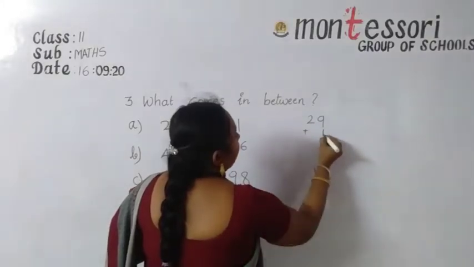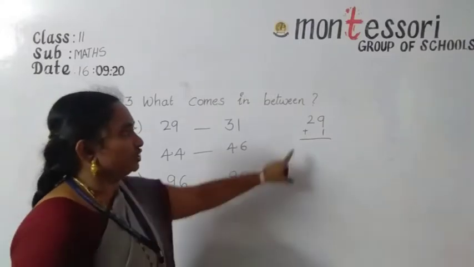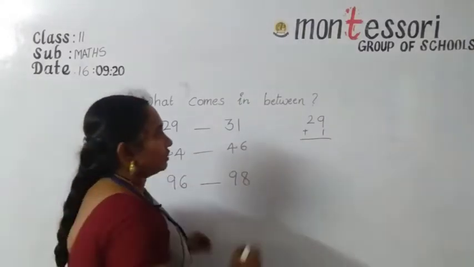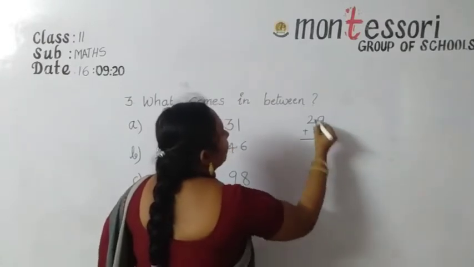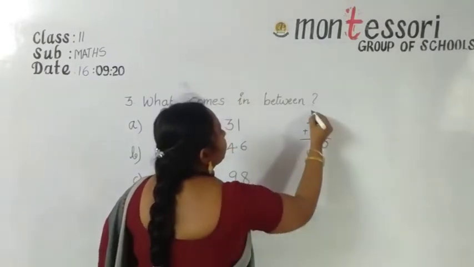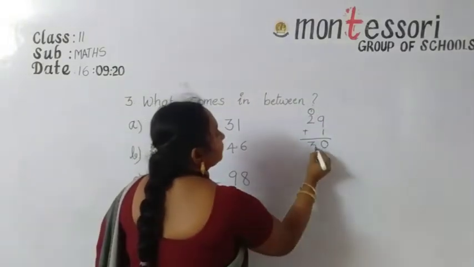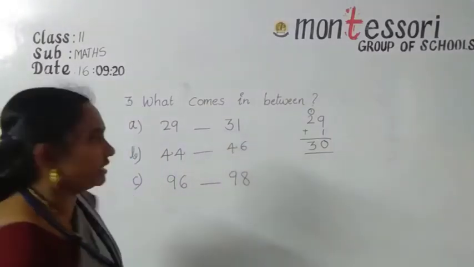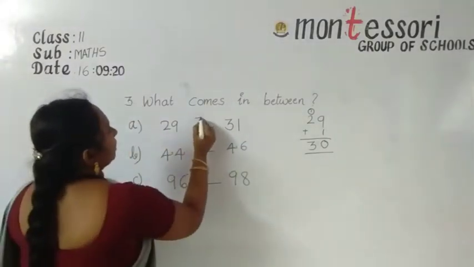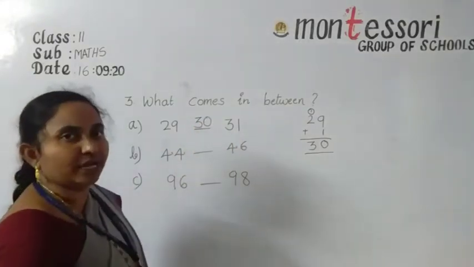We can do the addition, plus 1. 9 plus 1 is 10, so 1 is carried. 2 plus 1 is 3. What is the answer? 30. I am writing 30 in the middle. Now the first problem is over.